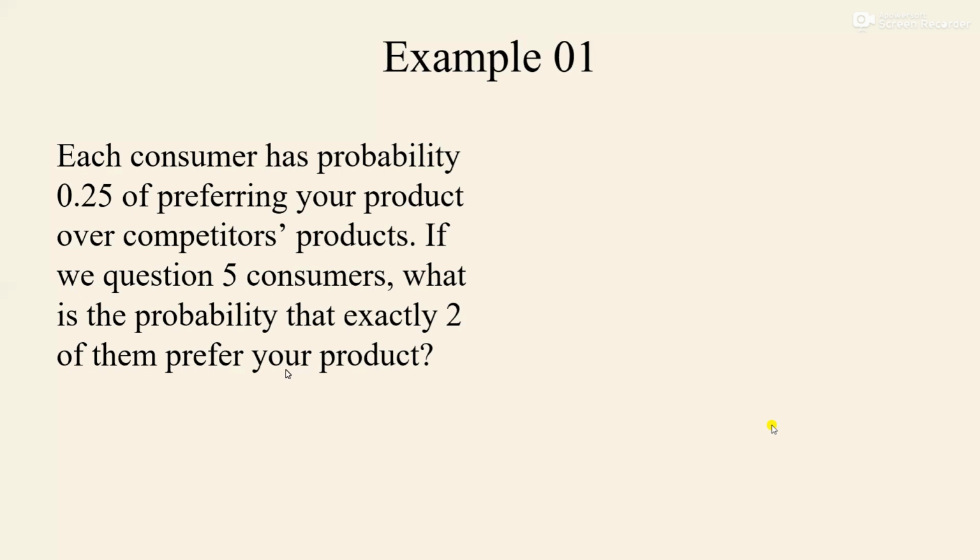Right. Now we have to calculate the probabilities. They are asking the probability that exactly 2 of them prefer your product. So first you have to identify the things given here. The probability of preferring the product.